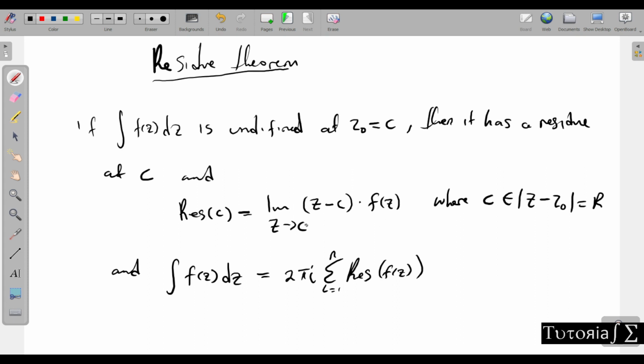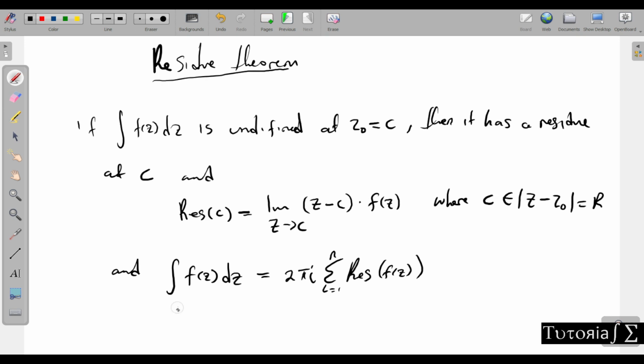Then we replace in the function, and what we have there is the residue at c. Here c is inside the region of integration. You will also be given a region of integration, and c should be inside this region or on its boundary.